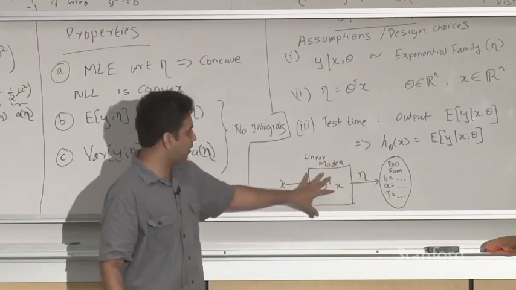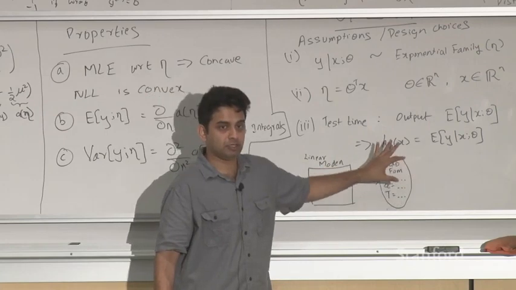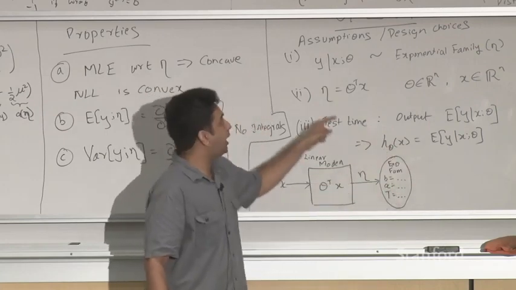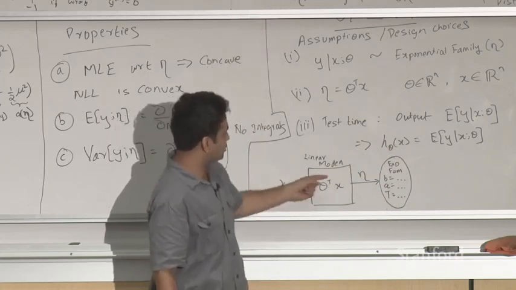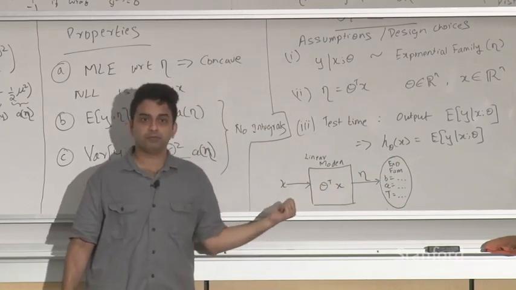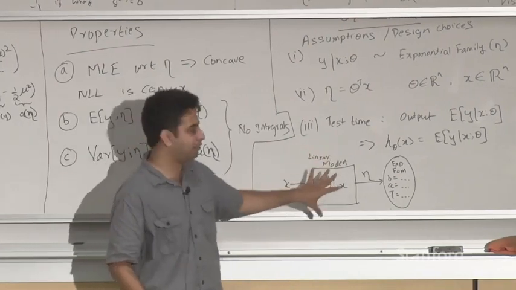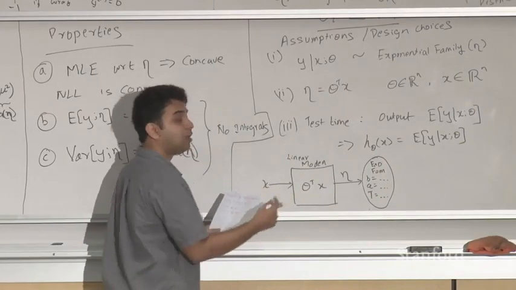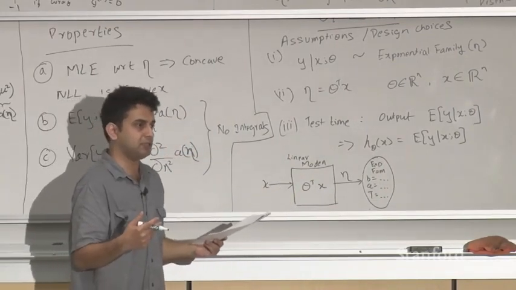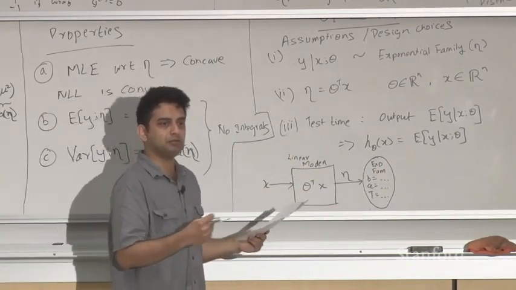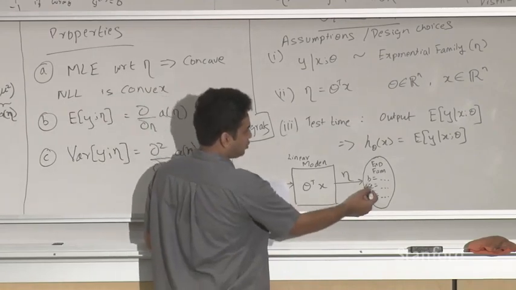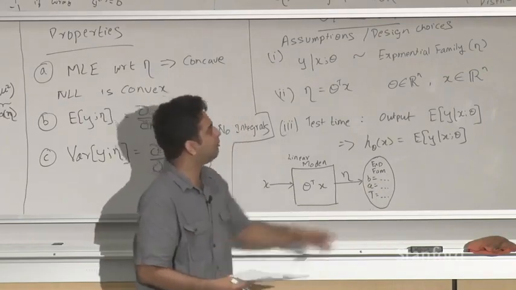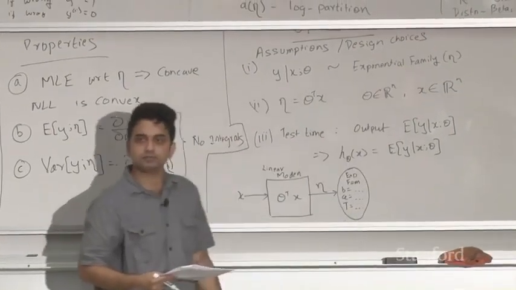This is the model, and here is the distribution. Now the distribution is a member of the exponential family, and the parameter for this distribution is the output of the linear model. This is the picture you want to have in your mind. The exponential family we choose depending on the data that we have, whether it's a classification problem, a regression problem, or a time to event problem. You would choose an appropriate b, a, and T based on the distribution of your choice.